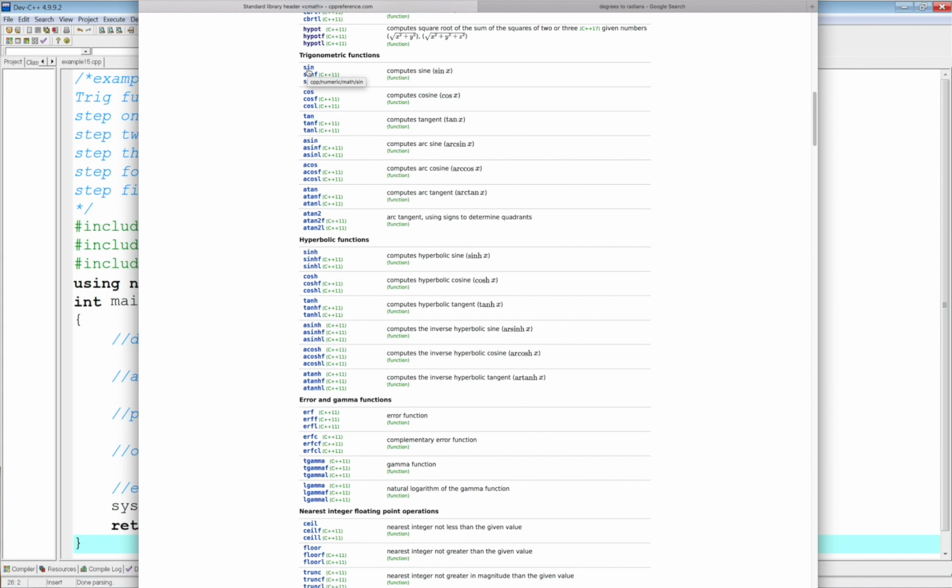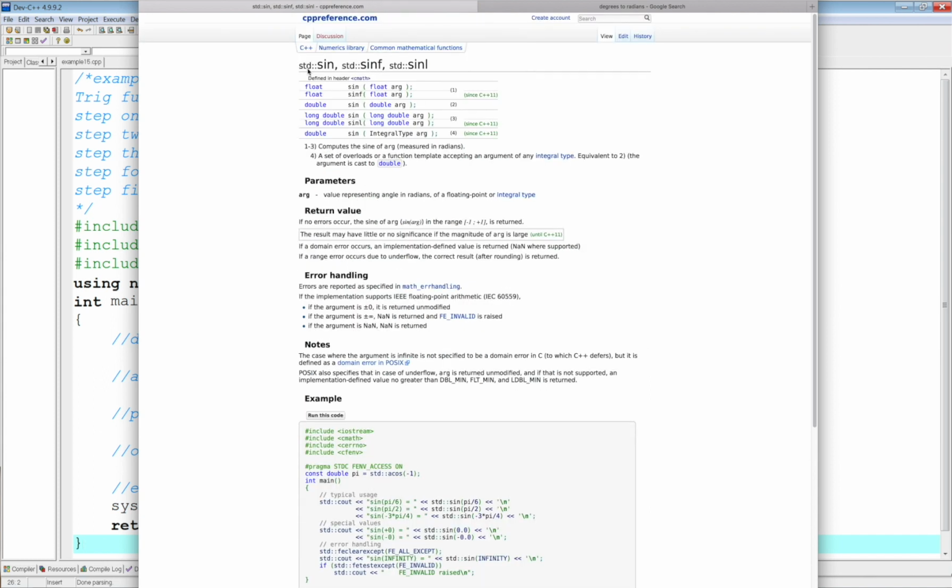Let's look at it quickly. Let me click on sine here. As you can see, in itself, it takes a float value and returns a float. So the thing about it, though, is that the angle or the argument that it will accept has to be measured in radians.